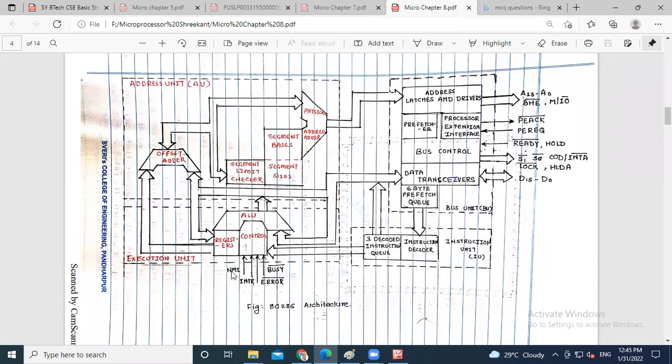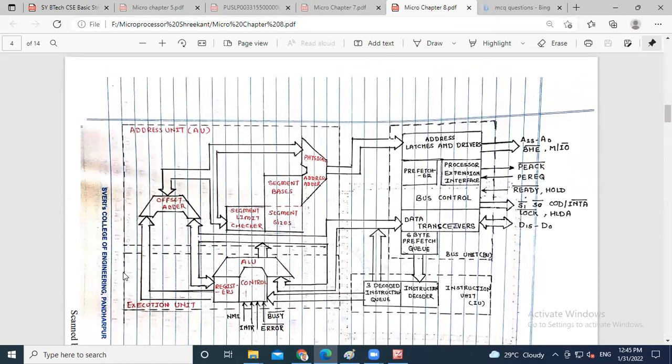The bus line error and interrupts, that NMI means non-maskable interrupt, are used at the execution side. So this is the architecture of 8086.